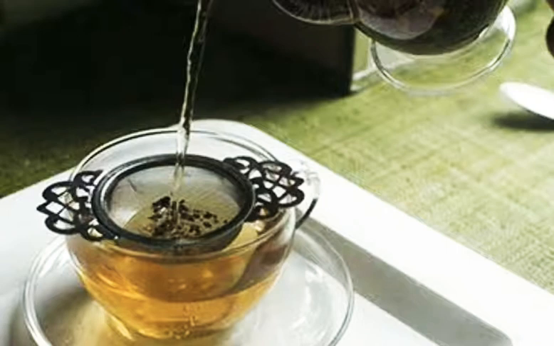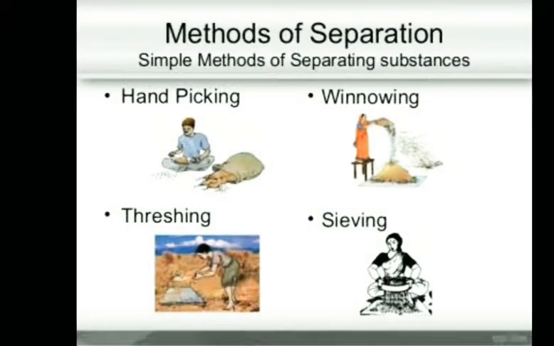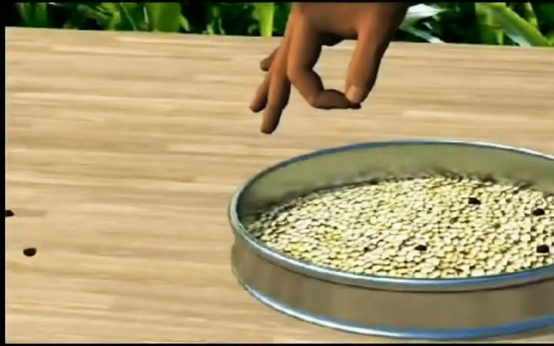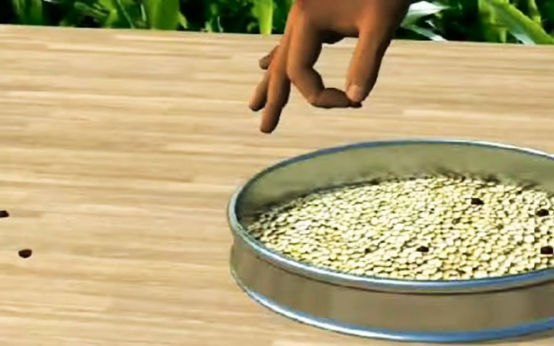Now, there are a few methods of separation of solid substances from a mixture, and they are hand picking, threshing, winnowing and sieving. Hand picking: the food grains and pulses that we buy from the market may contain undesirable components like small stones.